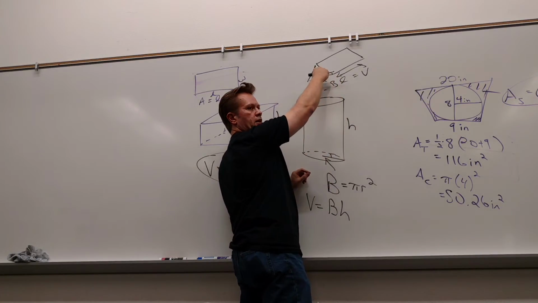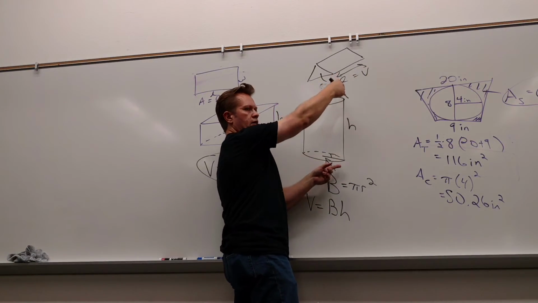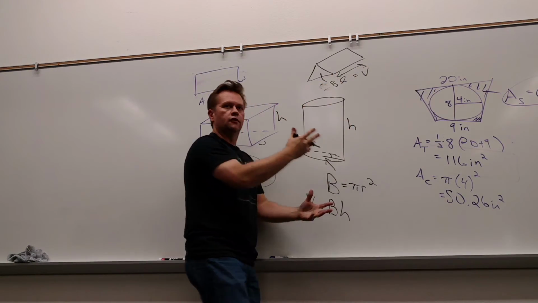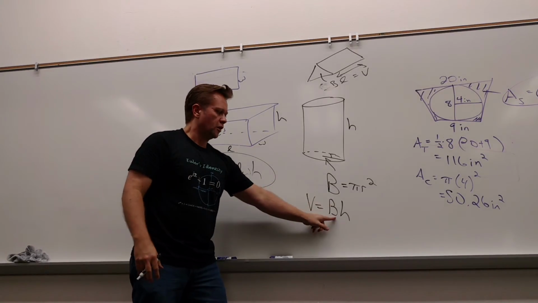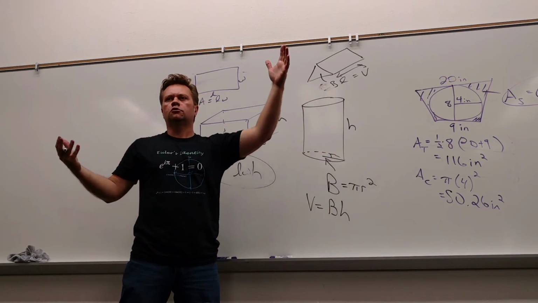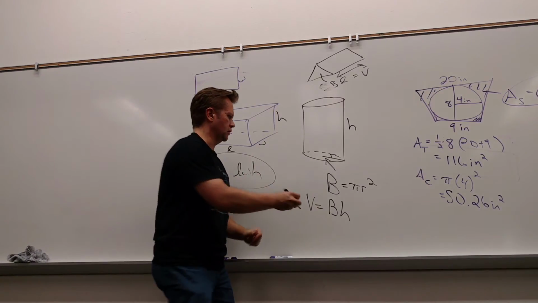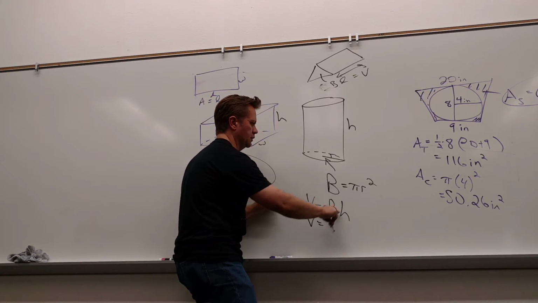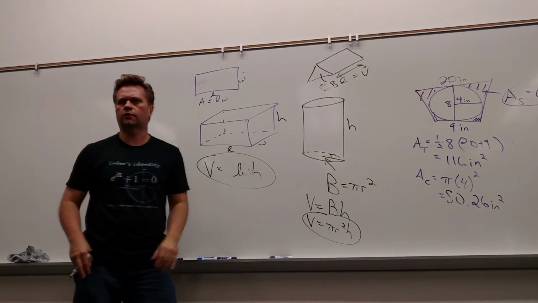The area of the base times the length, in this case I call it height, is the volume. That's beautiful. I don't have a billion different formulas to memorize. I have one that works for any repeated shape. So this formula, if you really want to see it fully, is pi r squared H. That's the volume of a cylinder.